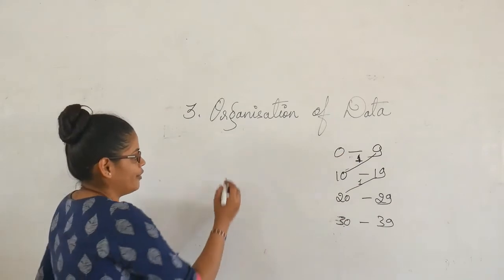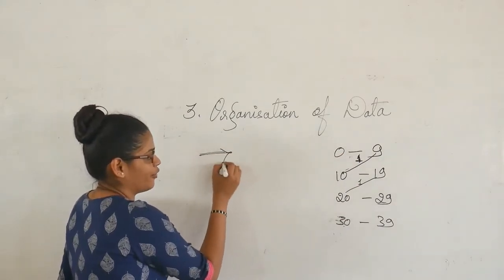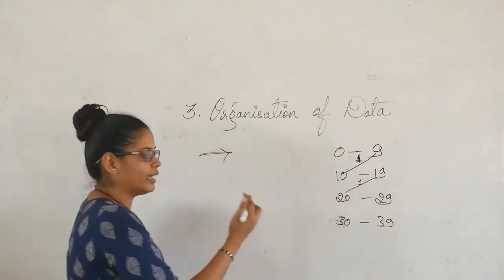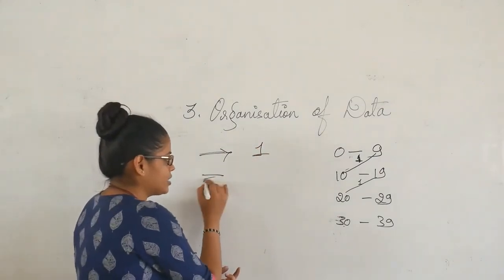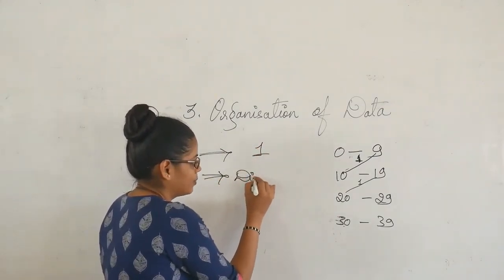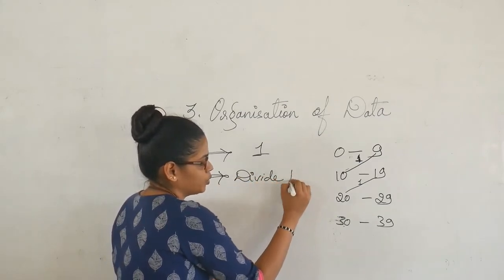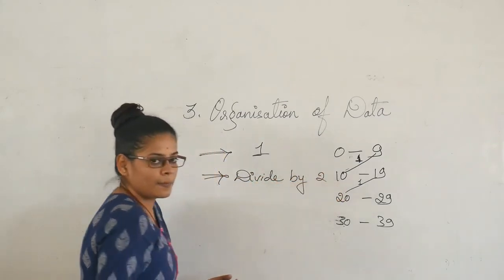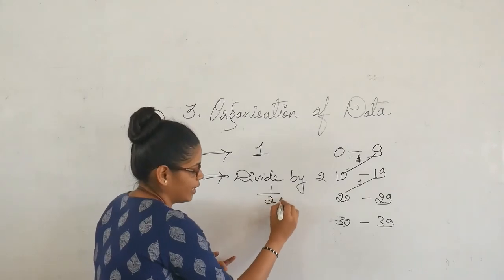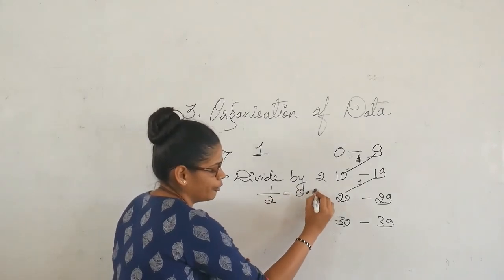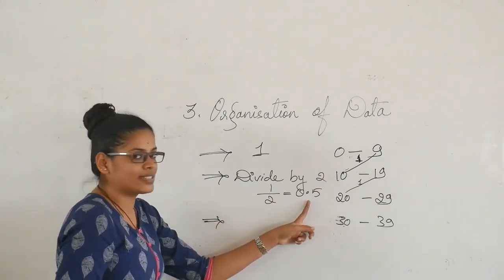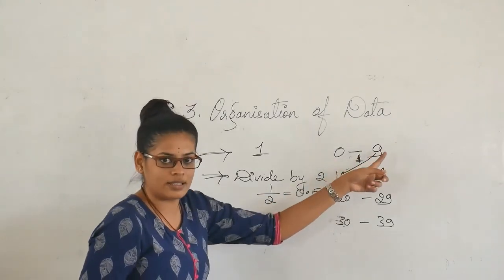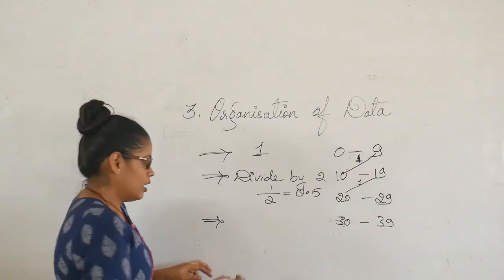Now, first we find out the gap between the class intervals, which is 1. This needs to be divided by 2, so 1 by 2 is nothing but 0.5. This 0.5 needs to be adjusted in both the class intervals. How?